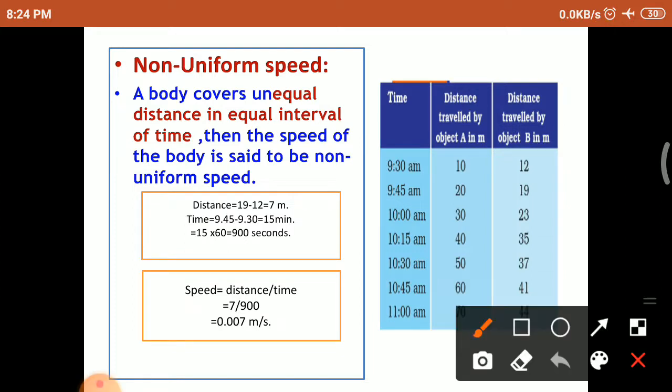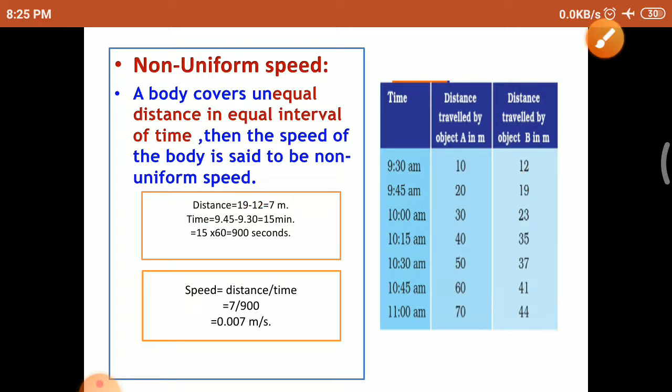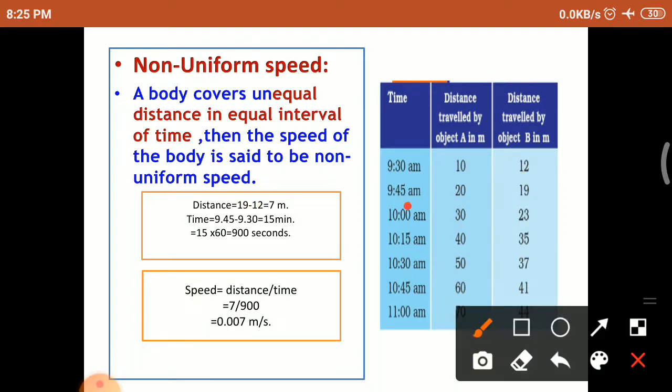problem. First I took 19 and 19 minus 12. So 19 minus 12, I got 7. And time for 19 is 9:45 and time for 12 is 9:30. So 15 minutes. Here I converted 15 into 60, equal to 900 seconds. I calculated the speed. Speed equal to distance by time. This distance equal to 7. Time is 900. If I divide 7 by 900, I got 0.007 meter per second.